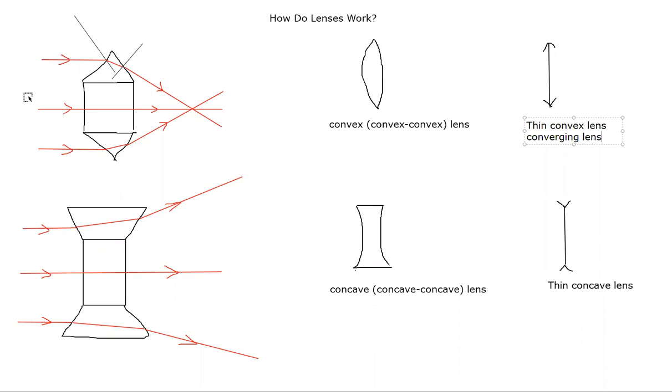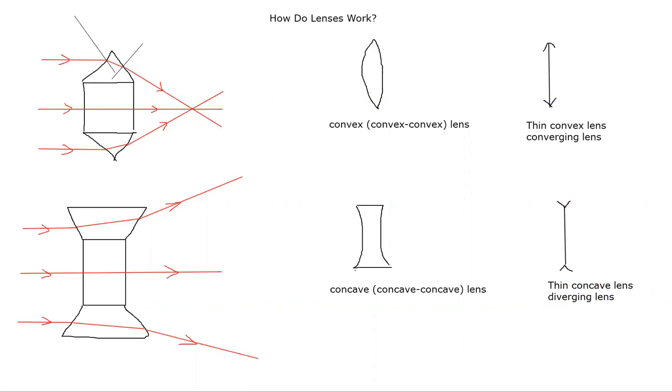The source will be on the left side, the light converges to the focal point, and thus this one will be called a diverging lens. That's how we spell it, right? Diverging lens.